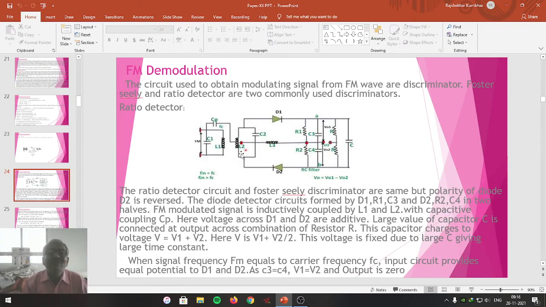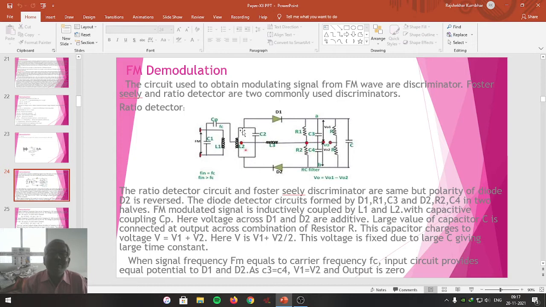L1 and L2 form the diode coupling transformer. Cp forms the coupling capacitor. Through these, the proper frequency is tuned. Depending upon the tuned frequency, the respective modulated wave is given as the input to the ratio detector circuitry.